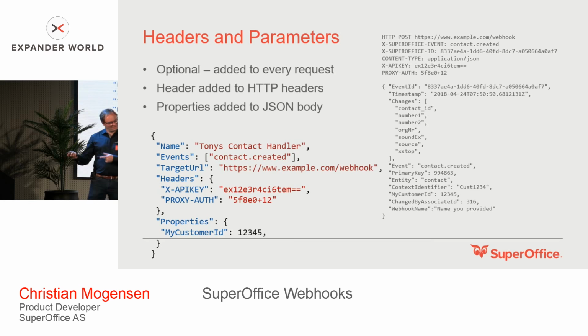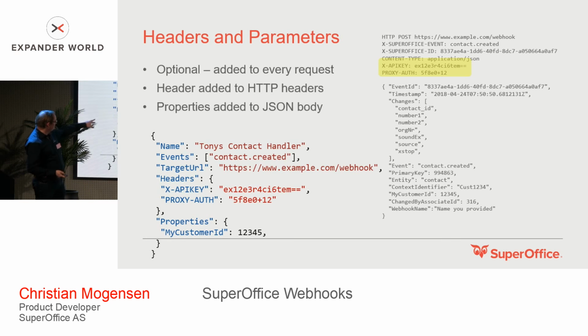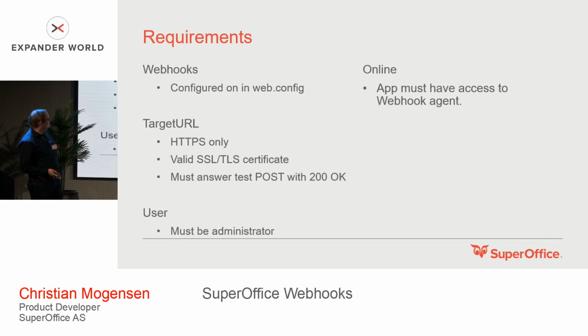SuperOffice doesn't know that, but you do. So that's up to you to use. If you don't use them, everything will still work. So there you go. You can see those headers get added from these, and that little property gets stuck in there. This is the other one.